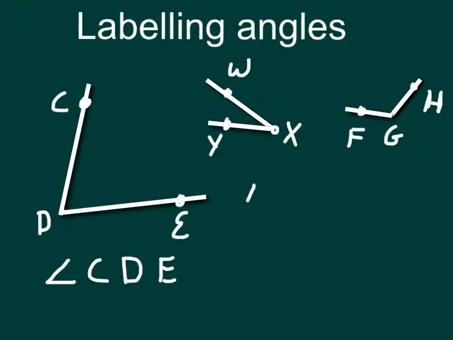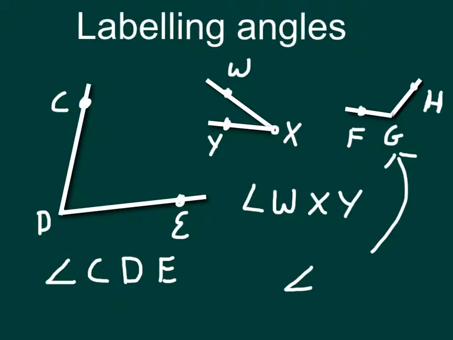The second one would be angle WXY. And finally, this one would be angle FGH. Now I'm looking at this, and I really don't like the way I drew this one because it almost looks like an L. So I'm going to erase that and fix it.